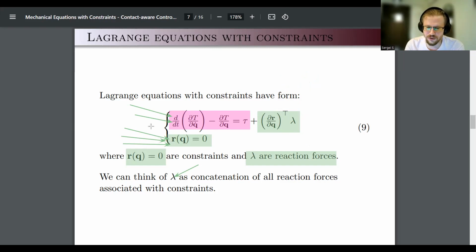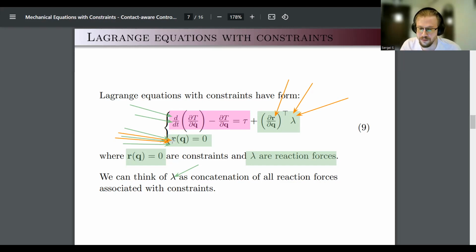So how would this green part actually be satisfied? And this is what does the trick. Those reaction forces change the dynamics of the system in such a way that the constraint equation is satisfied. That's what's going on.